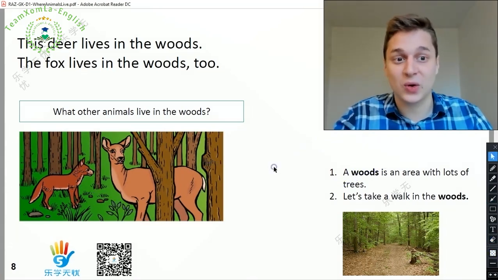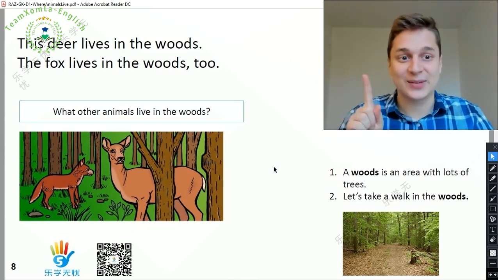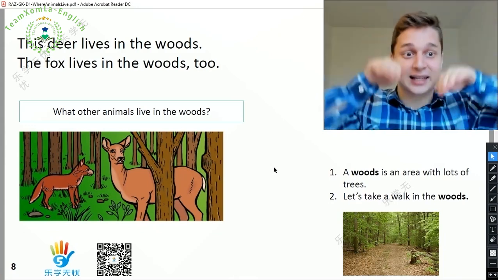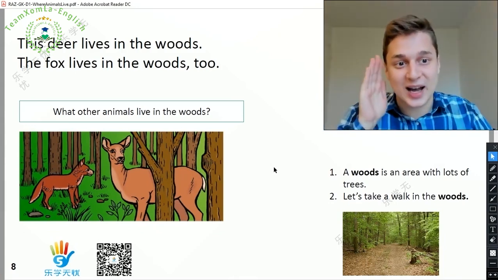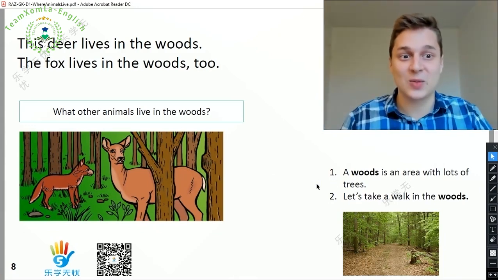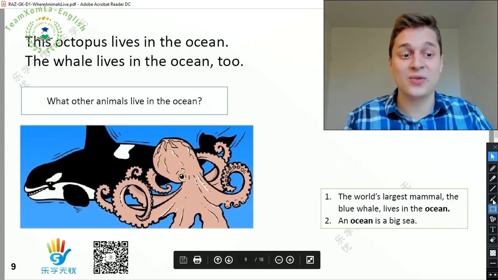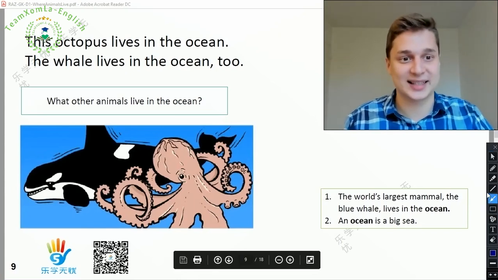Animals go to the forest to find food and protection. Remember how some animals can climb up the trees to hide from bigger animals that want to eat them up. So, we have different environments for different reasons.